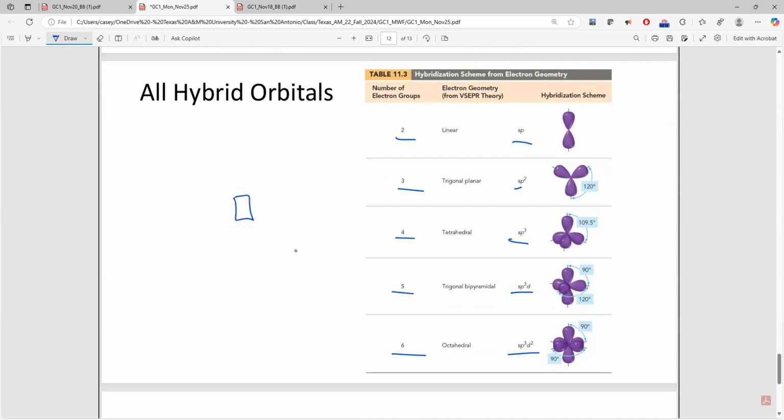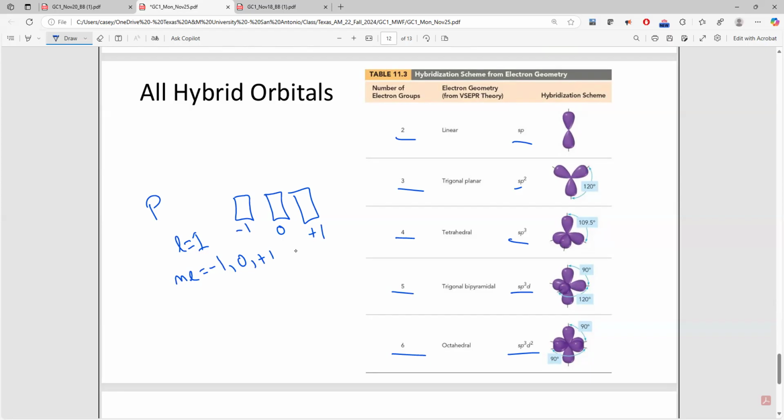Remember, p can only have 3 orbitals, right? Because p has an l value of 1. So m sub l is -1, 0, +1. Remember, that's how we get these boxes. So once I go past sp3, I need to bring in the d orbital, sp3d, sp3d2.